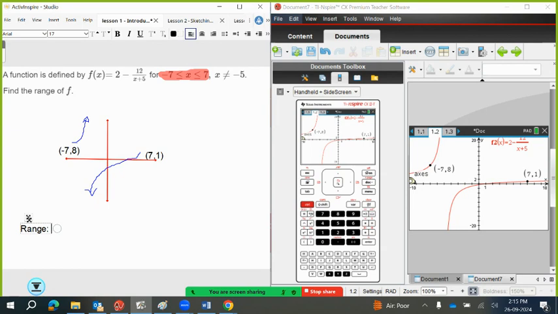Type 7. Press enter twice. Type -7. Press enter twice. Press escape.